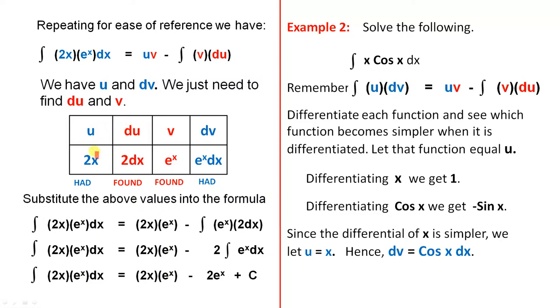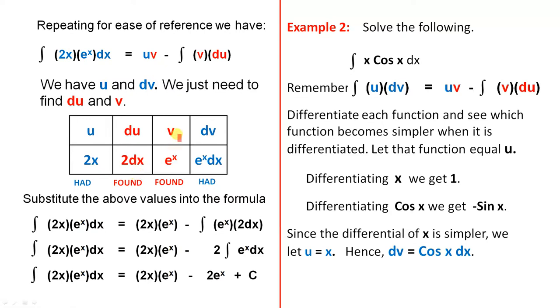Here is the u which we let equal 2x, so that one's done. Here is the dv which is e to the x dx, we've done that one. Now, if u equals 2x, then when we differentiate 2x, we get 2 dx. So du is 2 dx. So we've just found that one now.